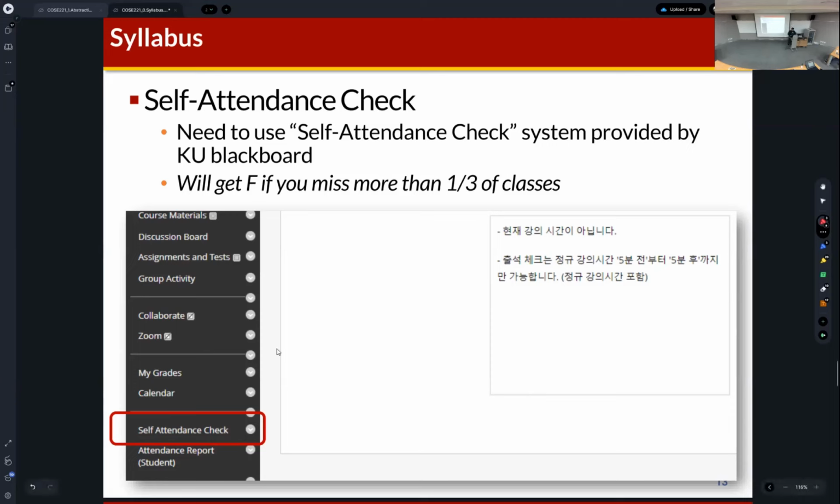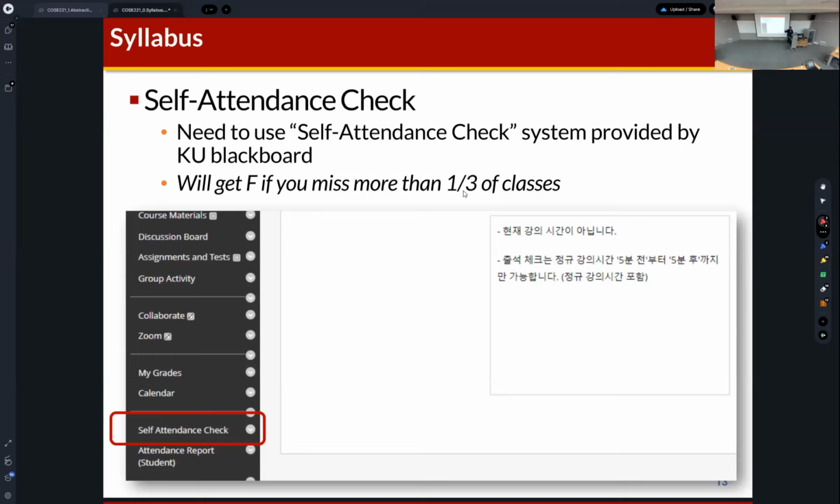Okay, so please. Actually, in the previous semester, some students missed this self-attendance check system. So if you miss 1/3 of the classes of this course, you will get F. This is not my policy.